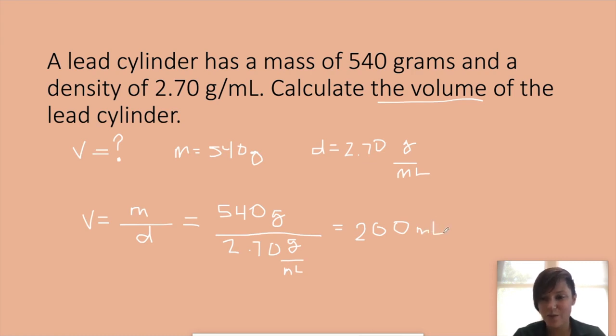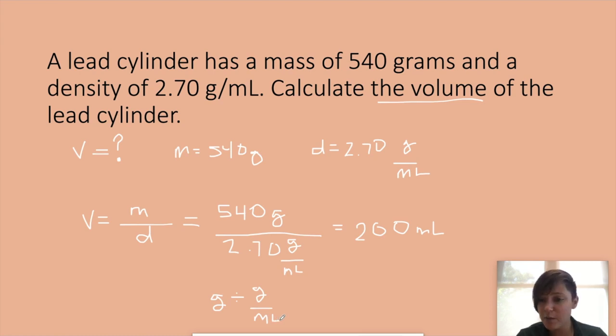So some of y'all might be asking, Miss Me, how in the world did these units work out? So let me kind of work through them just a little bit just so you can see what's going on here, okay? So our units, we end up with this G divided by G per milliliter.